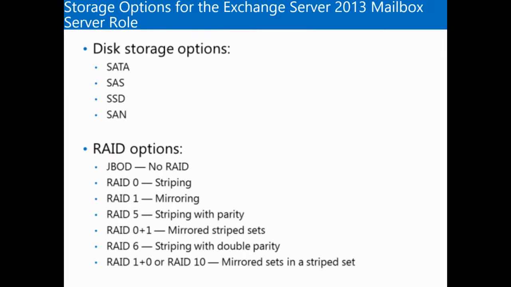Exchange Server 2013 supports various hardware technologies for disk storage. For example, you have the Serial Advanced Technology Attachment, SATA, solid state drive, SSD, and Serial Attached Small Computer System Interface, SCSI, also known as SAS, Serial Attached SCSI.